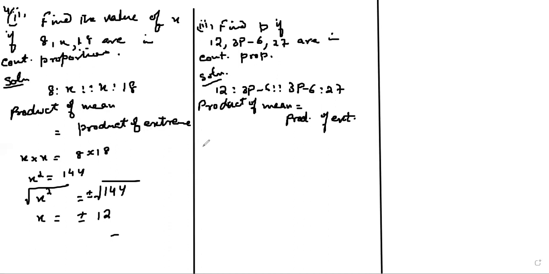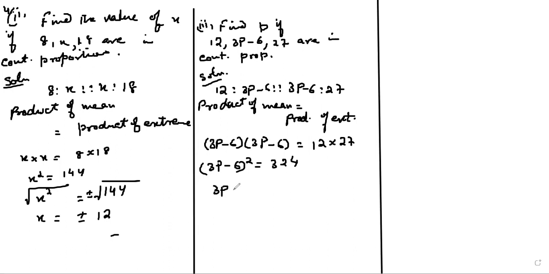So it means that 3p minus 6 times 3p minus 6 equals 12 times 27, means 3p minus 6 the square equals 12 into 27, which is 324.